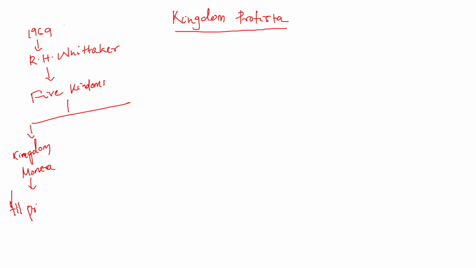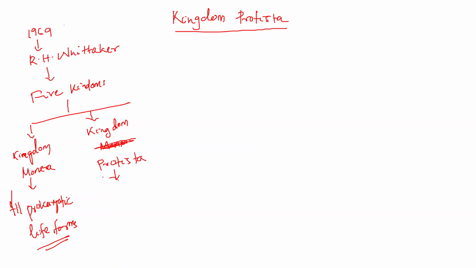Then he classified all unicellular eukaryotic organisms into a separate kingdom. The first is kingdom Monera, then the second one is kingdom Protista.